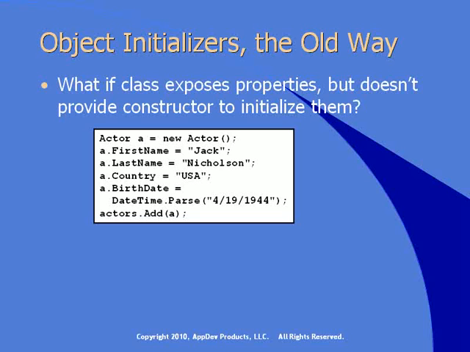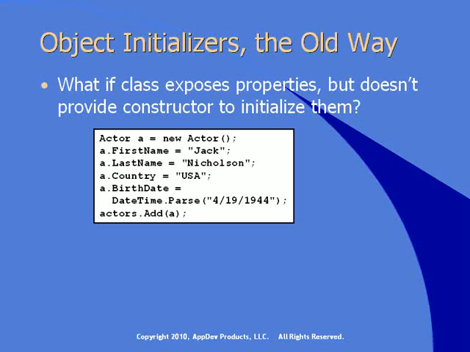So why type that name twice? Well, for the word Actor, who cares? But for a long type name with a path and a namespace, it would be quite beneficial not to have to type that long name twice. In this case, it doesn't matter. I specify values for each of the properties that I care to specify. In this case, that's all of them. And then add a, our new actor, to our collection of actors.